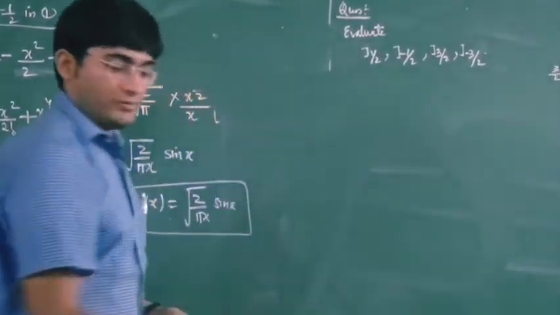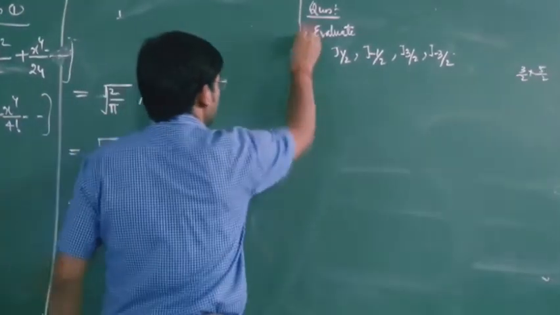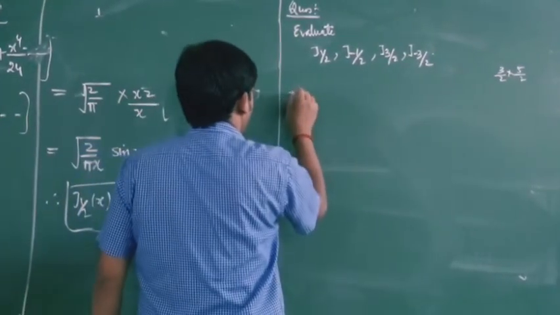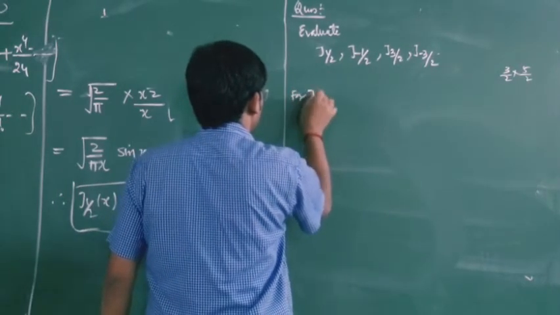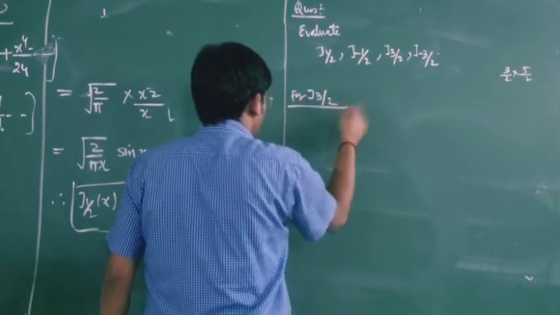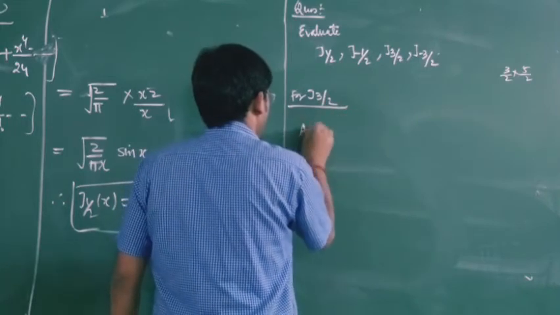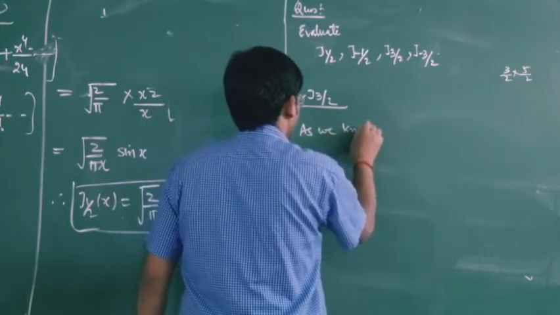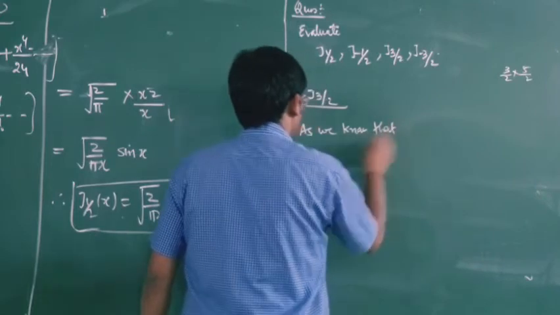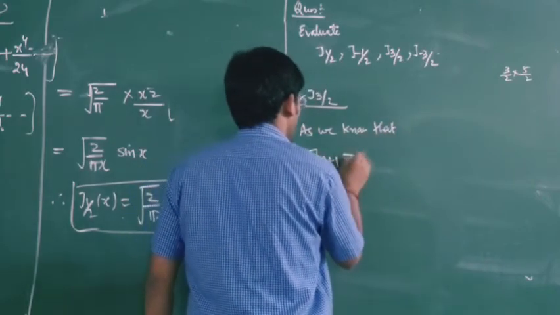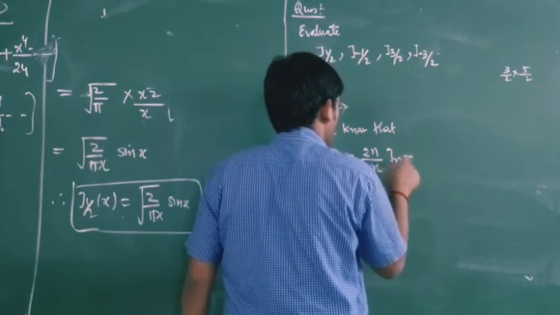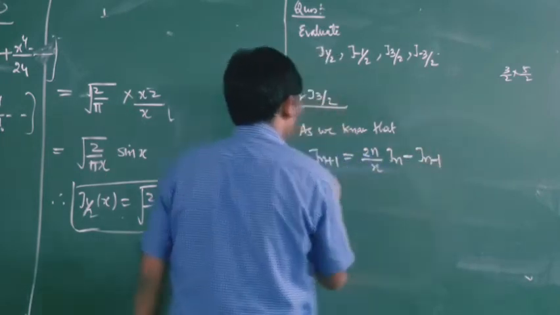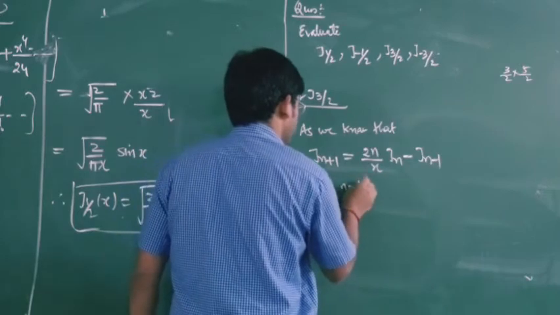So for J 3 by 2, as we know that J n plus 1 equals 2n upon x J n minus J n minus 1. So here put n equal to half.